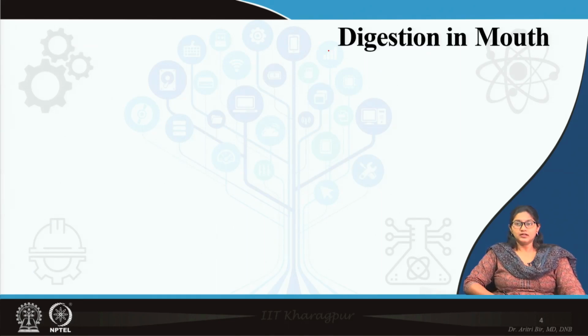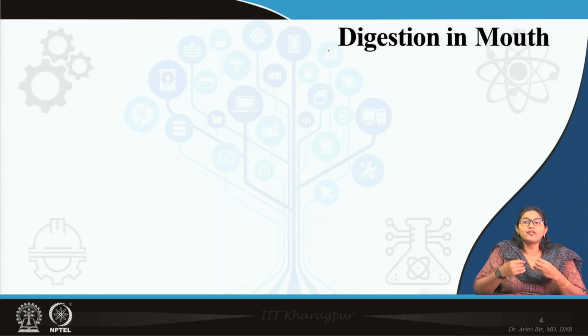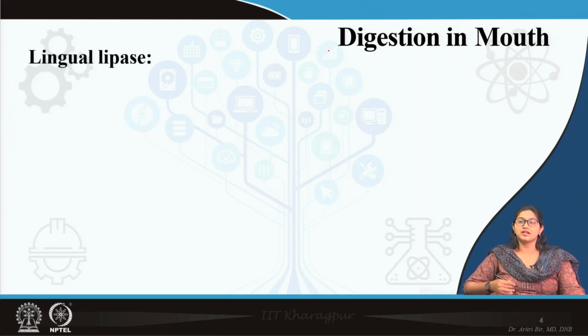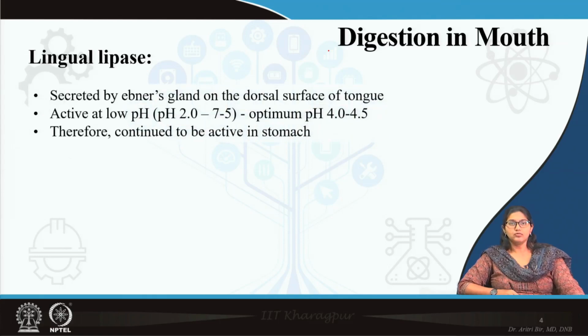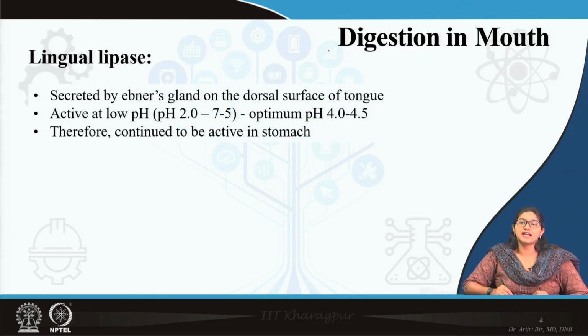Now, the digestion of lipid actually starts from the mouth. Here is the important enzyme, lingual lipase. This is the important enzyme which is catabolizing the lipid products. Now, remember one important thing, the lipase group of enzymes are basically digesting triacylglycerol mostly.